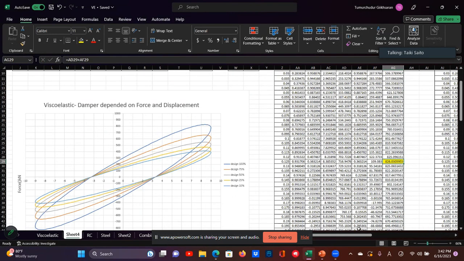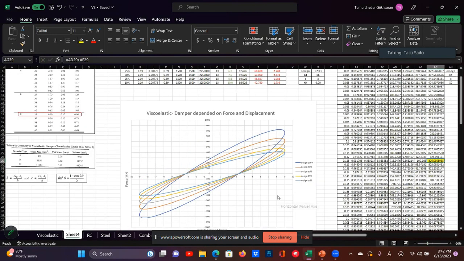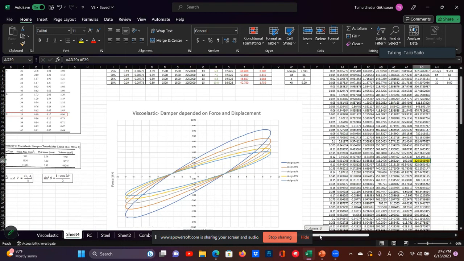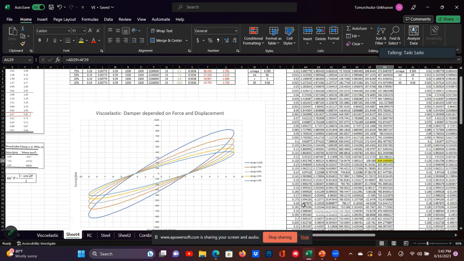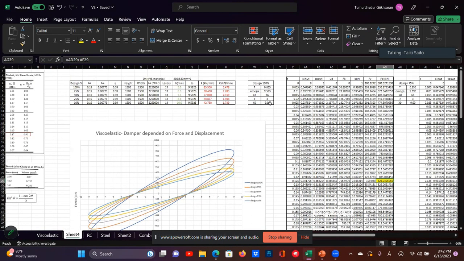Okay, so you try to design the damper. Yes. And the damping force must be less than the capacity of the beam. But how did you decide this 9? Is this a centimeter? This one is millimeter. Why did you adopt 9? This is a random number. Random number, but if you increase this number, what will happen?